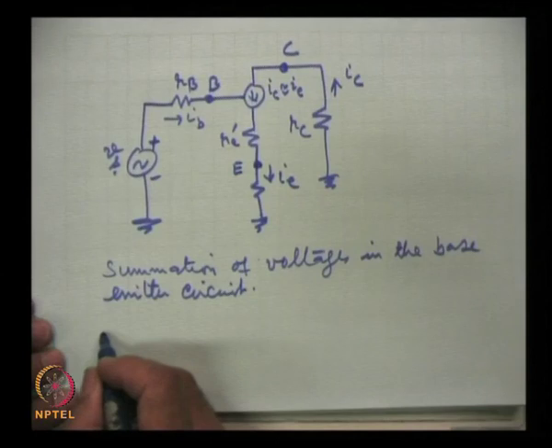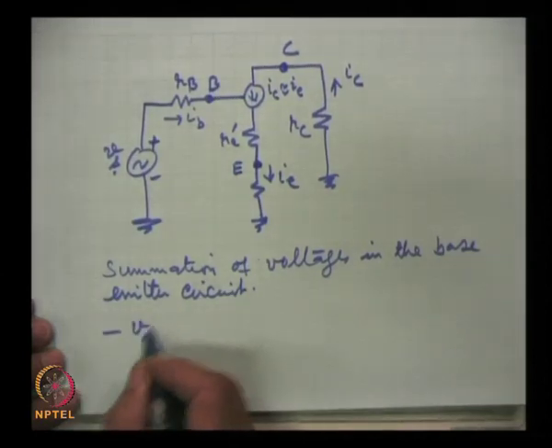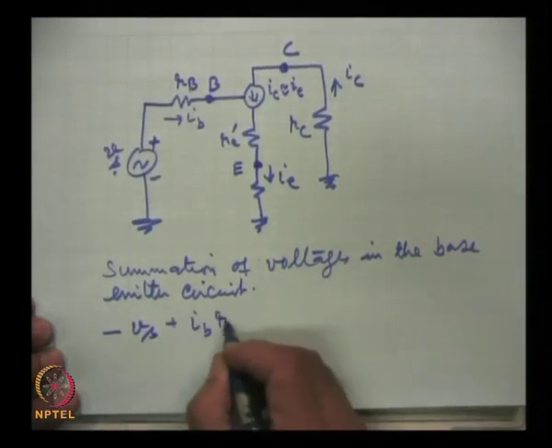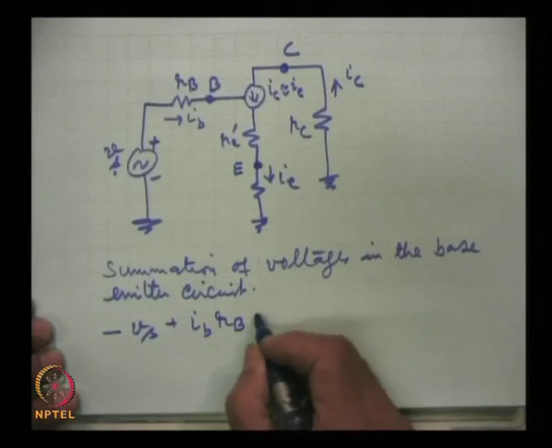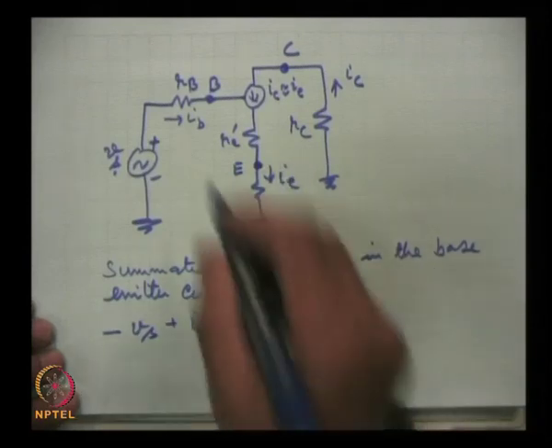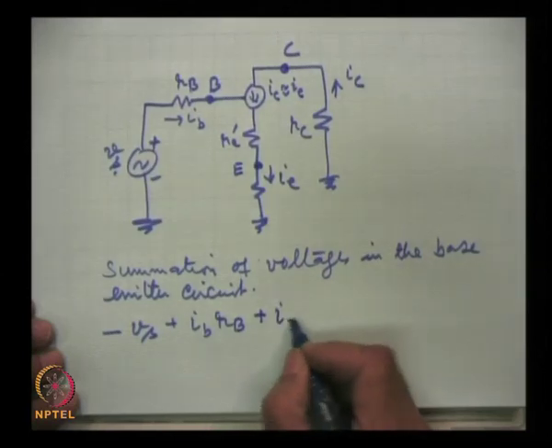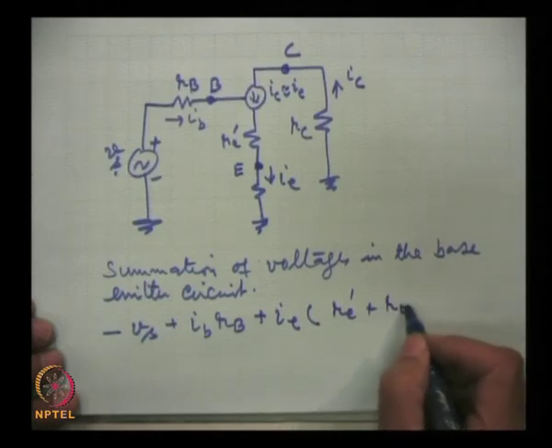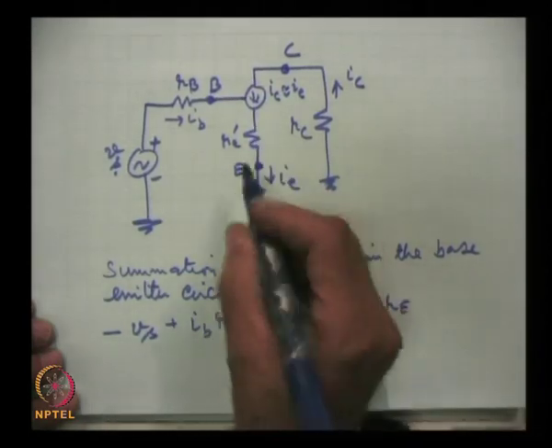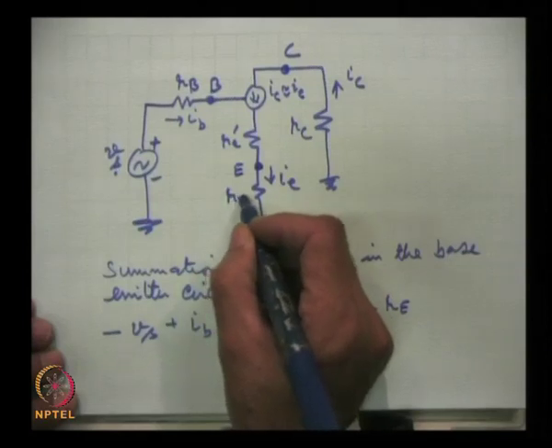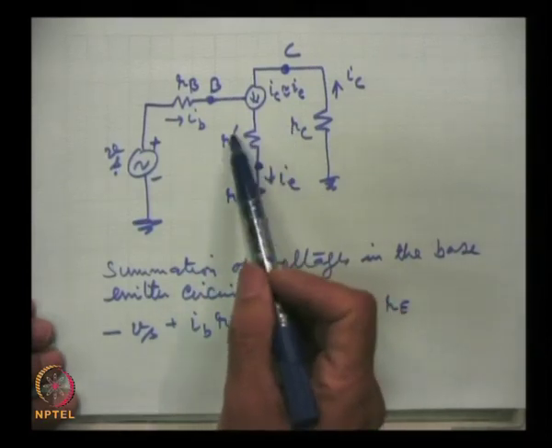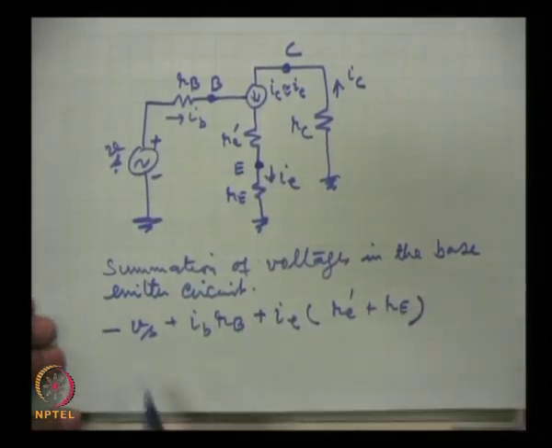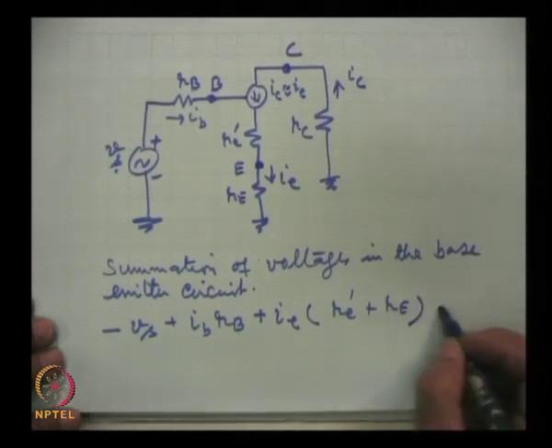So, we write minus Vs plus Ib into Rb plus Ie is flowing here, so Ie into Re prime plus Re. These are the two resistances in series. This is Re and this is Re prime, that dynamic resistance. So, we get this. Now, in this equation this is equal to 0.